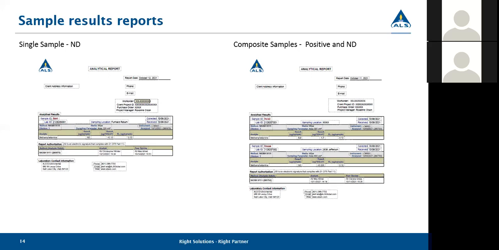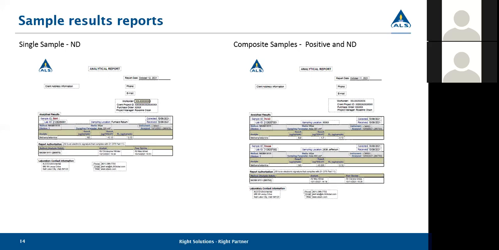If you'll note on the left-hand side, the single sample with a non-detect, there are 3 columns on the report. The first column has the result of the single sample, which is ND, which means not detected. Above, where it says sampling parameter area, it says 100 centimeters squared.